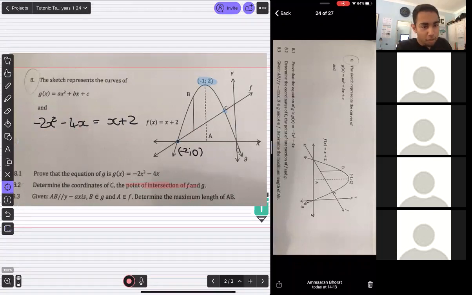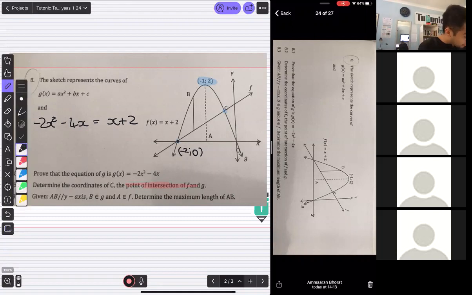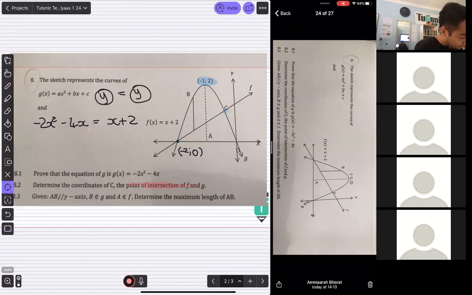We're making them equal because at the point that they are equal, the y of the one graph equals the y of the other graph, because it's the same point. And since y equals minus 2x squared minus 4x in one graph, and y equals 2x plus 2 in the other graph, since the y's are the same, this must be the same.